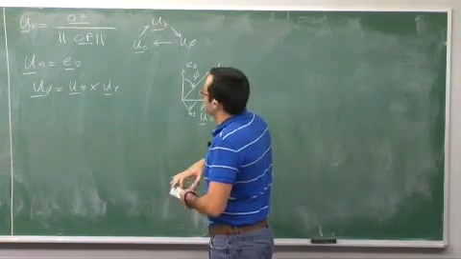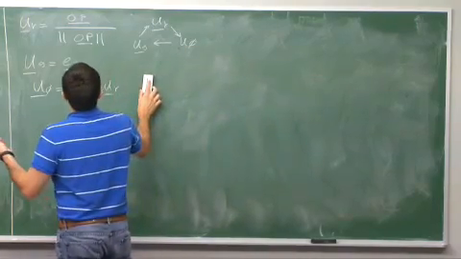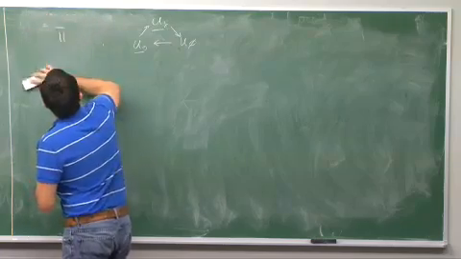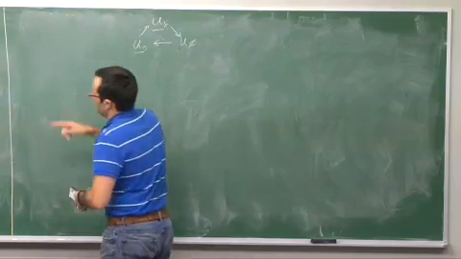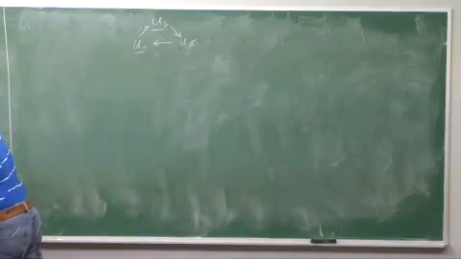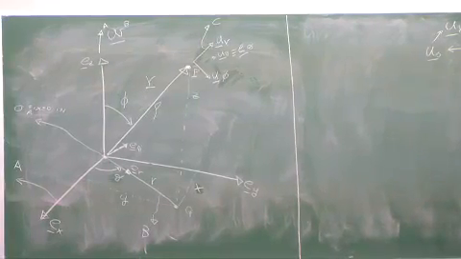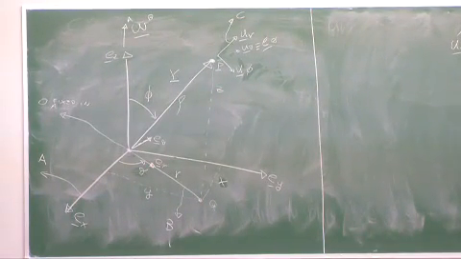Just to be thorough here, let me actually draw another picture. Okay, I don't think we need this anymore. These coordinates, theta, phi, and rho, are what we use on our GPS.